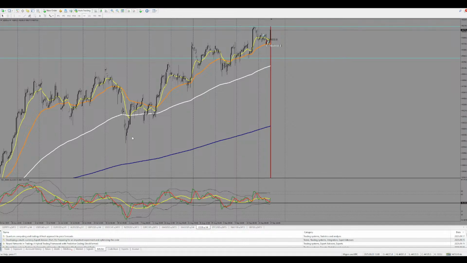So as we can see, price was here and then it went here. So this is the first low, and then price broke this high right over here. So this makes this the higher low, and then this is the new higher high.